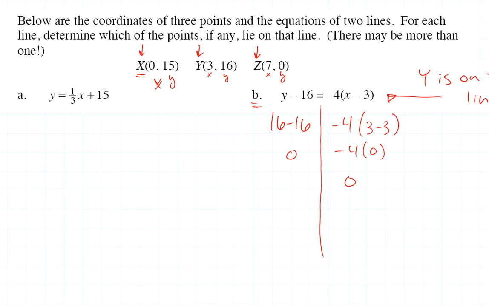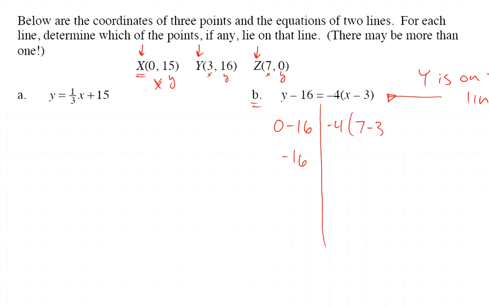And then let's test the last one here. The point is 7, 0. So same exact technique. I'm just going to draw the line right under the equal sign. And my Y value is 0, so I have 0 minus 16, which is negative 16. And on the other side, I'm going to have negative 4 times the quantity of 7 minus 3. Well, 7 minus 3 is negative 4.